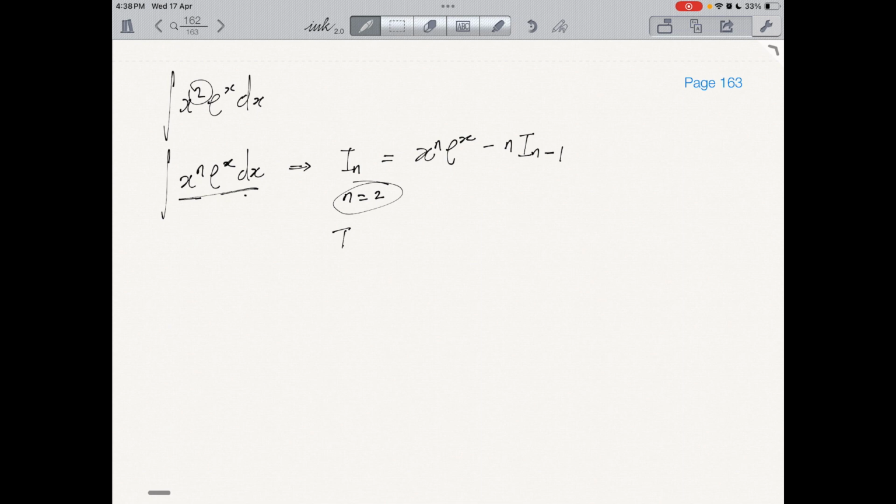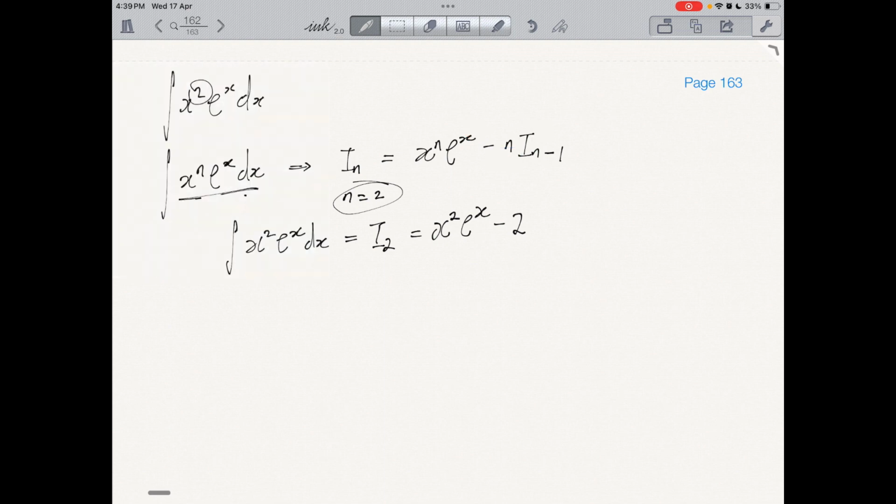Therefore, we have that the integral of x squared exponential x dx is equal to I2, which is equal to x raised to power 2 exponential x minus 2 I1.